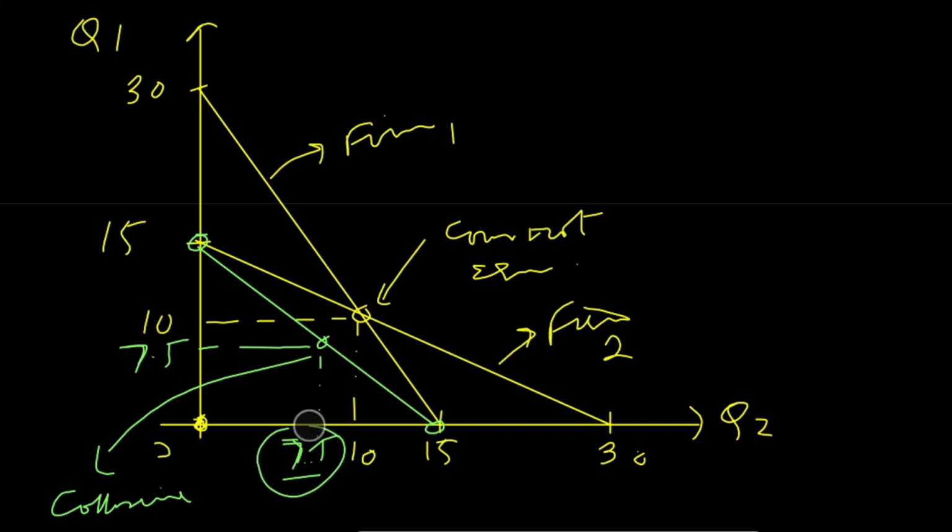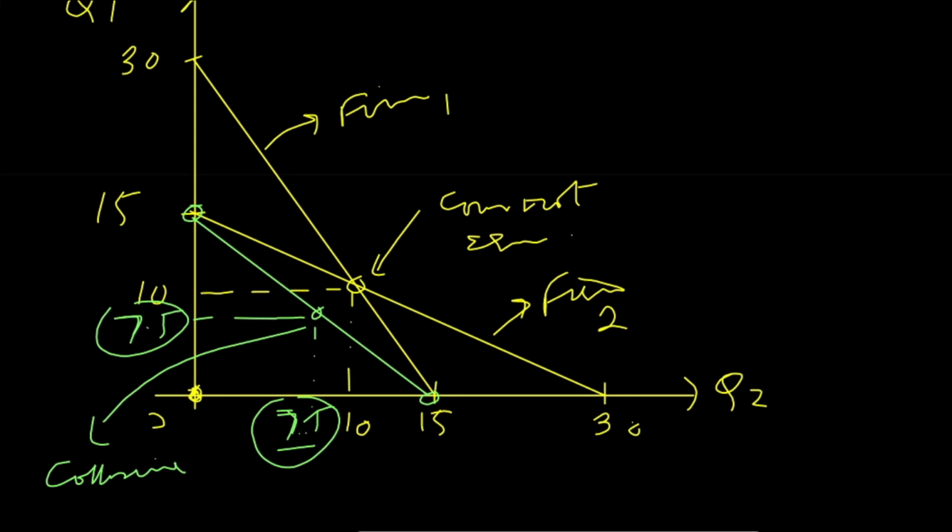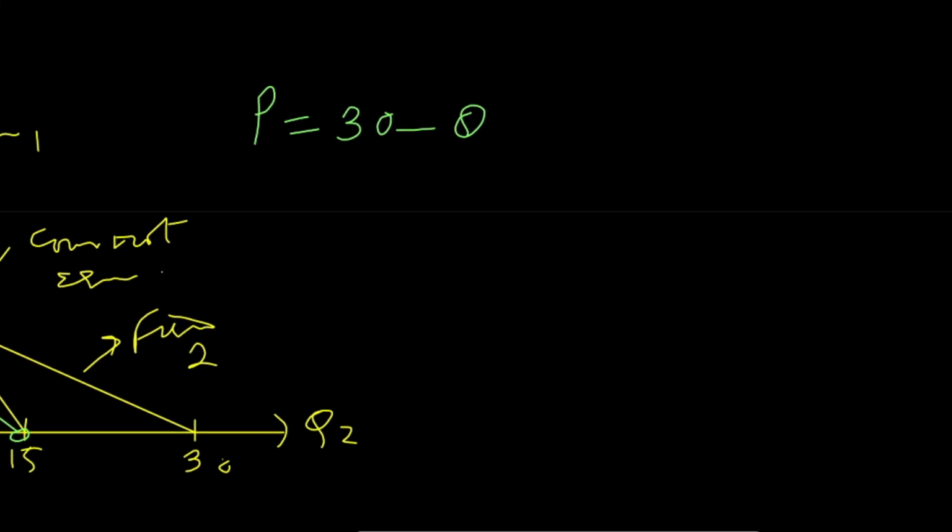But how to find this value 7.5? For that we will have to use the main equation, that was P is equal to 30 minus Q, and if they collude, then what will happen? We will have to find the collusive total revenue, that will be equal to price times quantity.